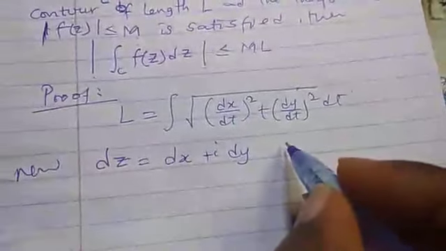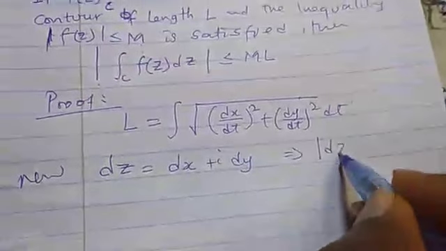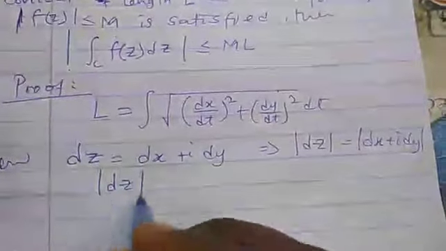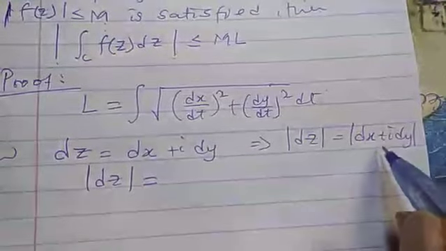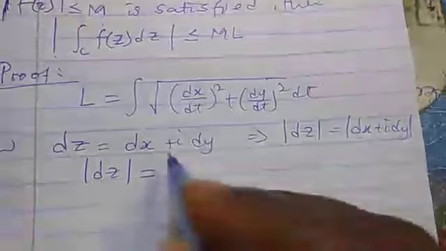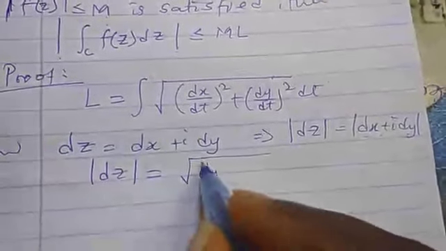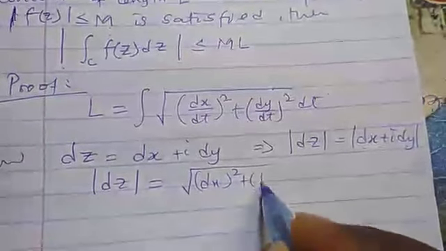Let's put absolute value to both sides. Therefore, absolute value of dz will be equal to absolute value of dx plus i dy. And we know absolute value simply means square root of real squared plus imaginary squared. That is the square root of dx all squared plus dy all squared.